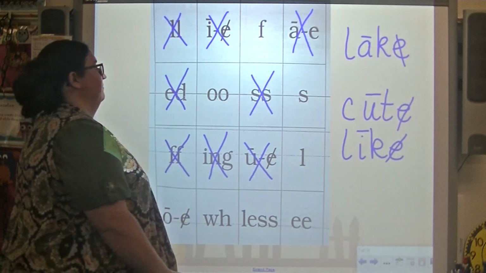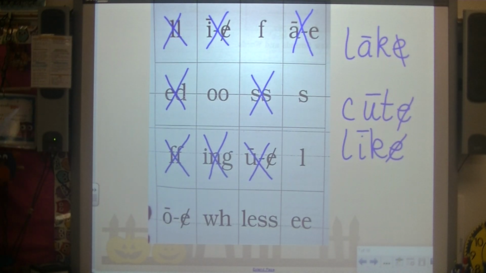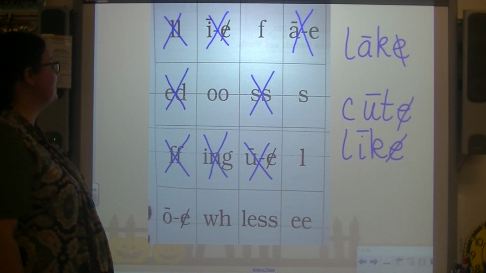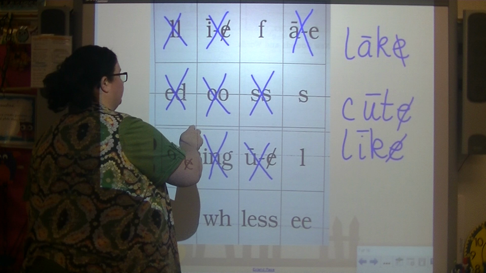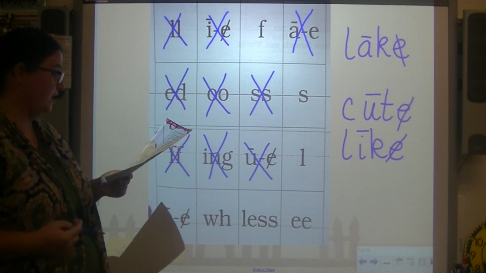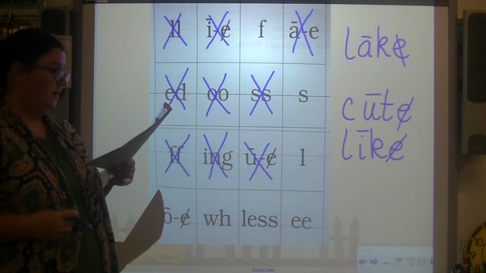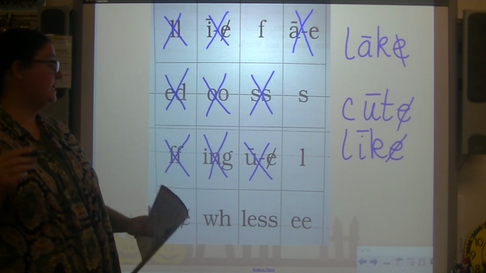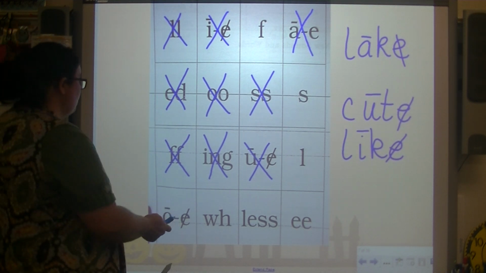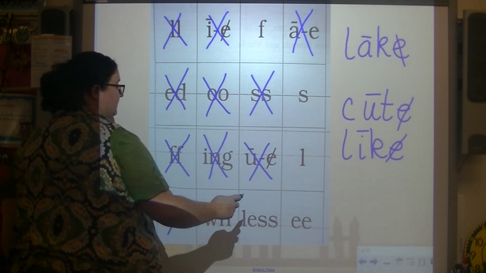All right. The medial sound in tooth, ooh, o. It's one of the sounds of o. And the vowel sound in rope, o consonant e.